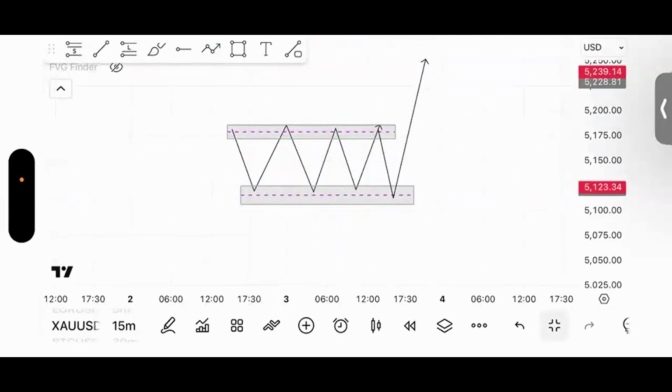So the major thing about structure is that for another trend to continue, the previous retracement or the previous highs or lows that were being respected must be violated. The reason why I added highs or lows is because we also have a ranging market. So for a buy trend to be violated and start making a sell trend, the previous low must be violated, which was the previous retracement point that created any break of structure to the top side previously.